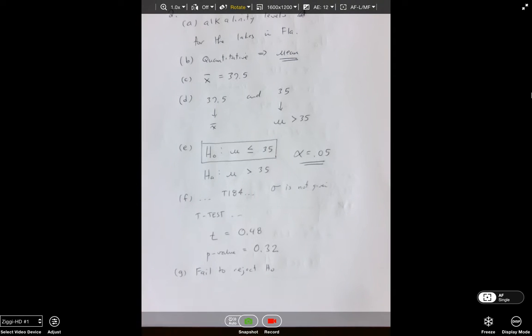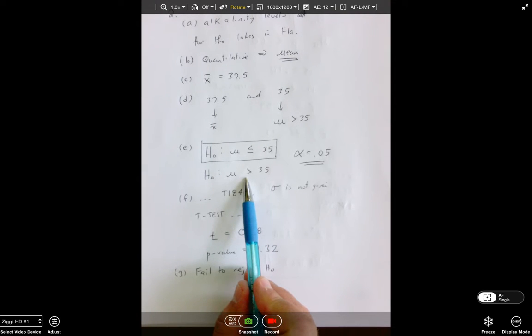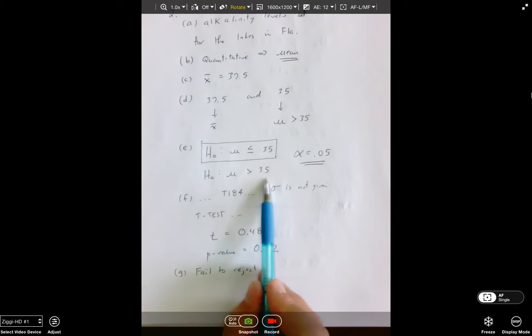So we must conclude that based on the sample data, the mean alkalinity level in all the lakes in Florida is less than or equal to 35. So the person who suspected that the alkalinity level is greater than 35, their suspicion is not confirmed.